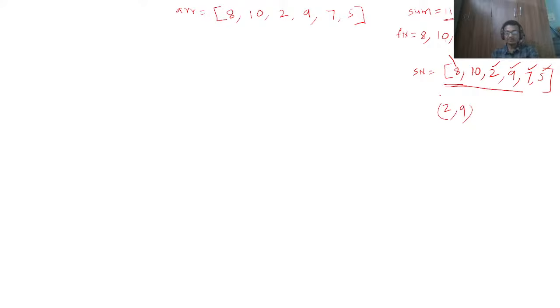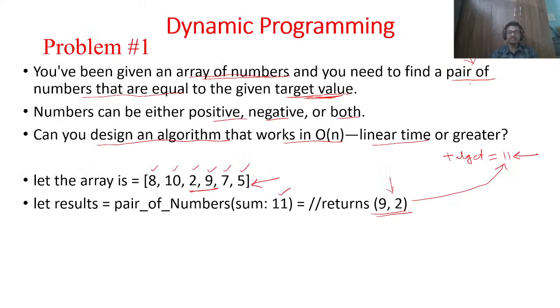This is the pair we wanted to find, and the sum of this pair is equal to 11. What is given in the problem? He's asking for only one pair. Find a pair of numbers that equal the given target value. So you should return this.